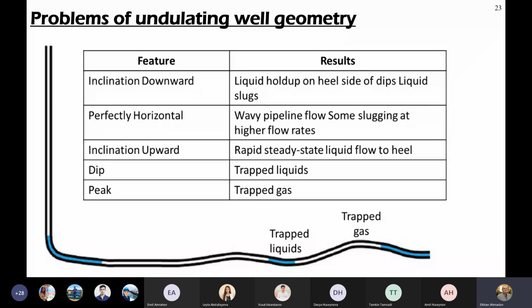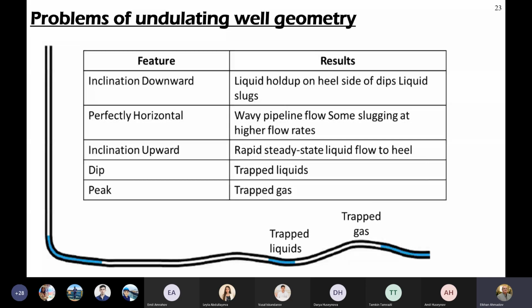Okay, so therefore it is desired to have, of course, this perfectly horizontal as the aim, or a little bit of downward inclination, but that kind of undulations, when you have wellbore going up and down, is always problematic, as I said, because of trapped liquids, trapped gas, slug flow, which creates instability, and therefore those undulations are not desirable.